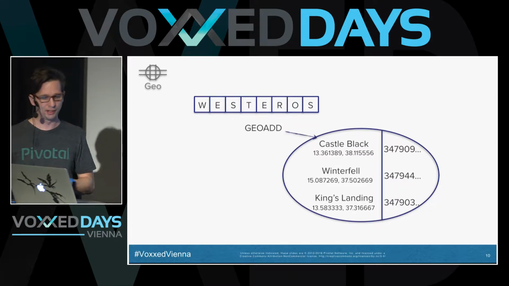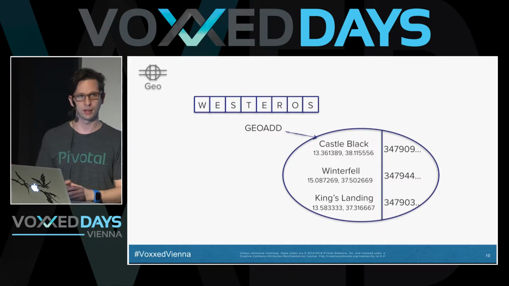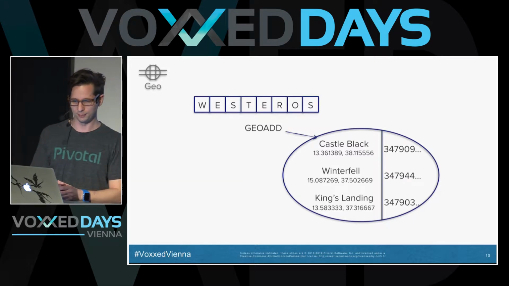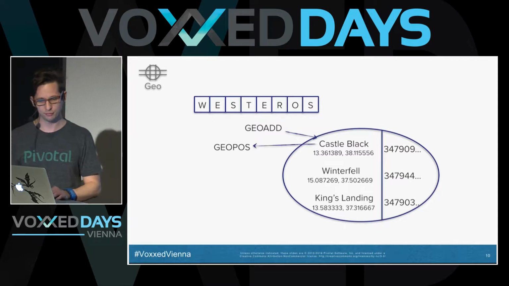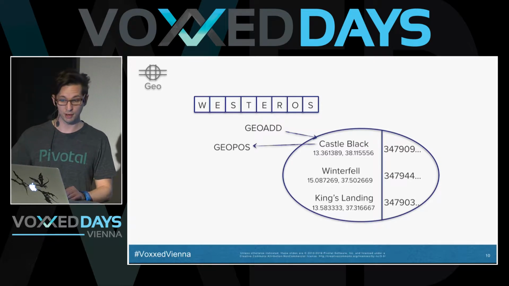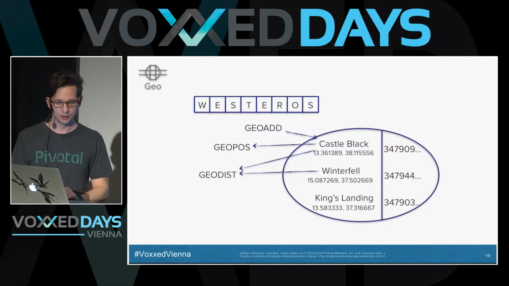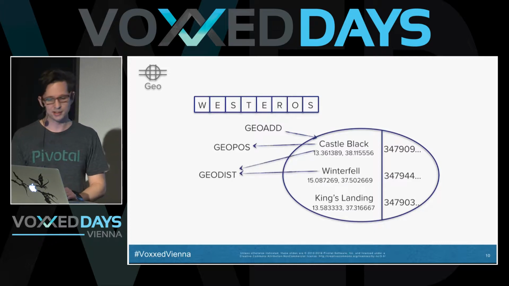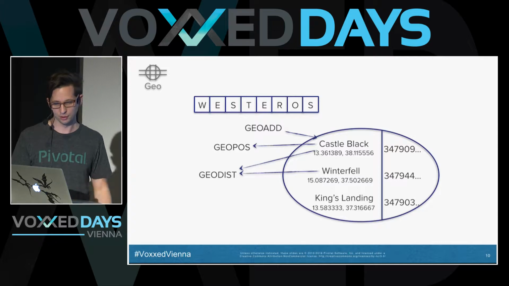Having that said, you can add a geolocation with a given name and longitude latitude pair to the sorted set using the geoadd command. You can ask for the position you added using the given name and the geopos command. You can calculate the distance between two already existing points in the set using geodist.